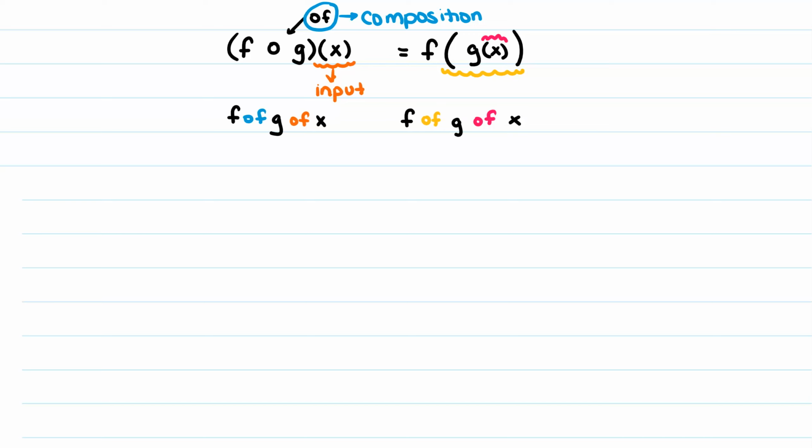So if you can read the little o as "of", you get the rule for free. And what happens when you compose two functions is you make a new function. So you're replacing all of your x's with something.